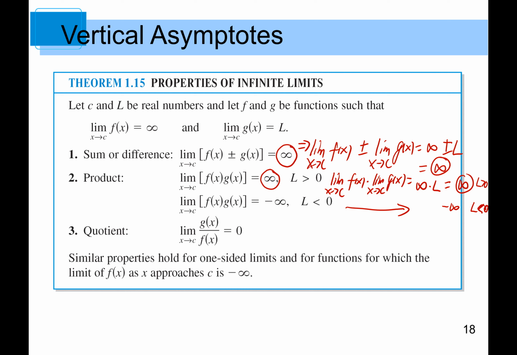The third one is a quotient. So in this case, we separate into the limit as x approaches c of g of x on top, and on the bottom the limit as x approaches c of f of x. So we get L over infinity. A constant over infinity becomes 0. That's why for the quotient, the limit as x approaches c of g of x over f of x becomes 0.